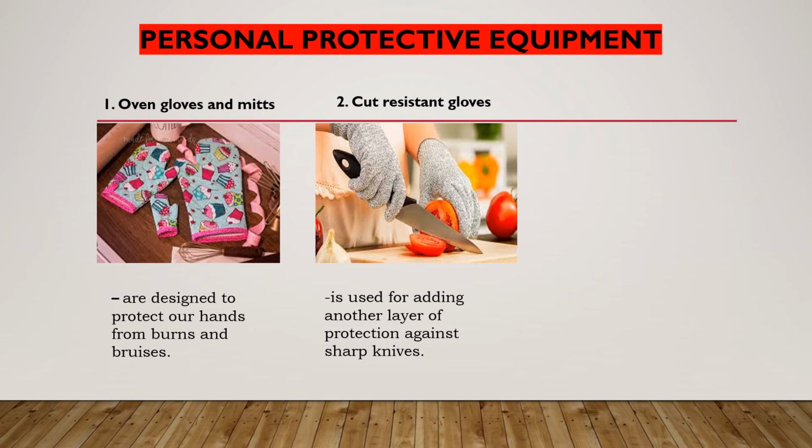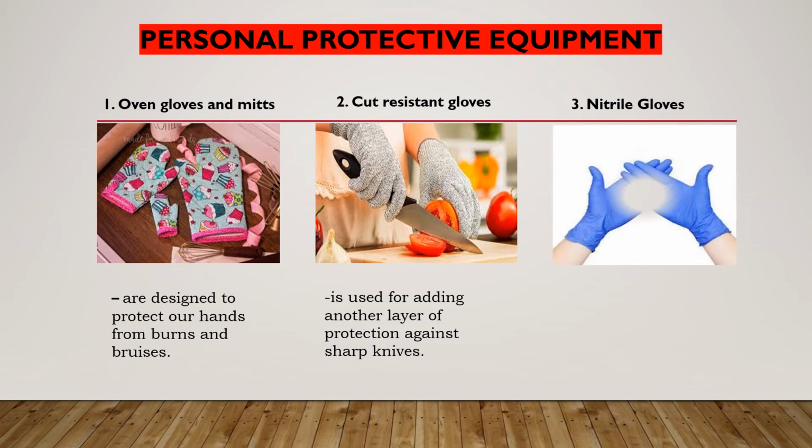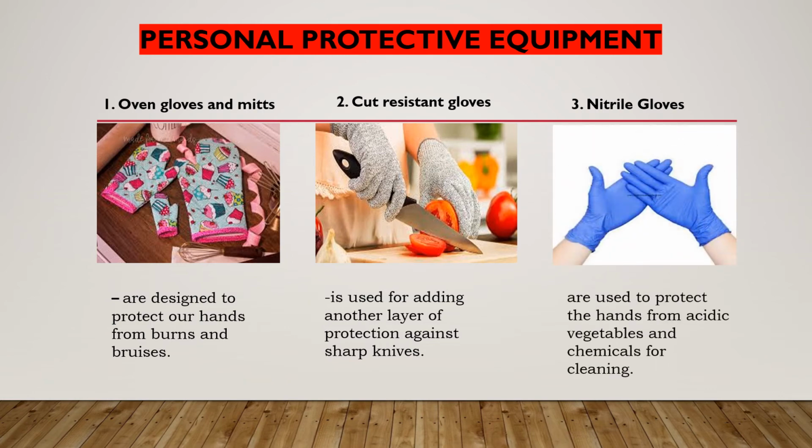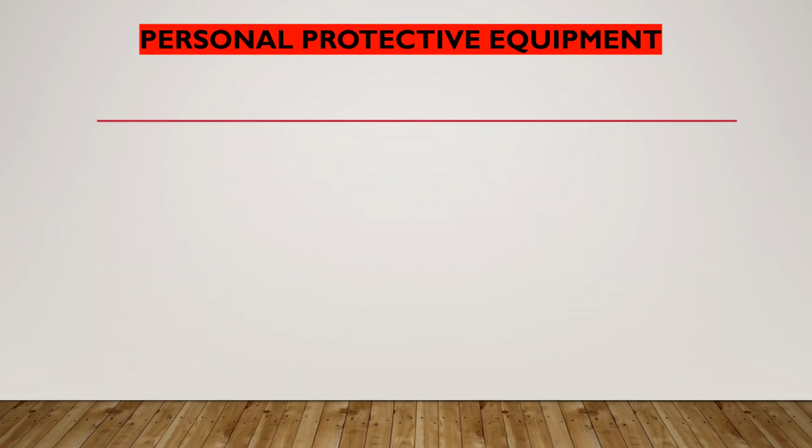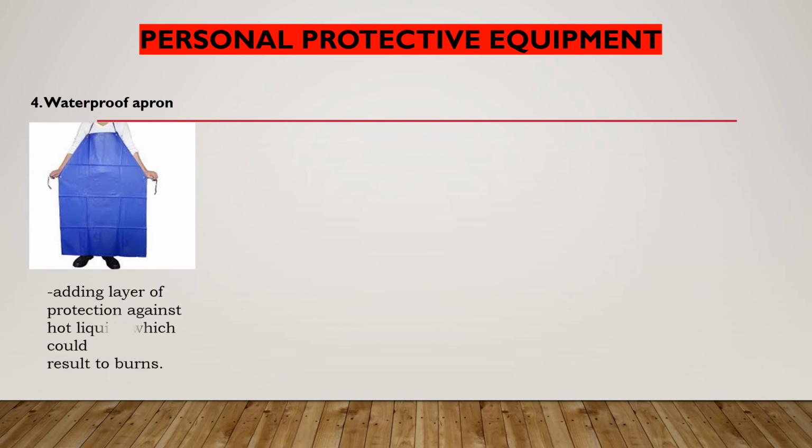It is used for adding another layer of protection against sharp knives. And the third one is the nitrile gloves. These are used to protect the hands from acidic vegetables and chemicals for cleaning. We also have the waterproof apron. Waterproof apron adds a layer of protection against hot liquids which could result in burns.